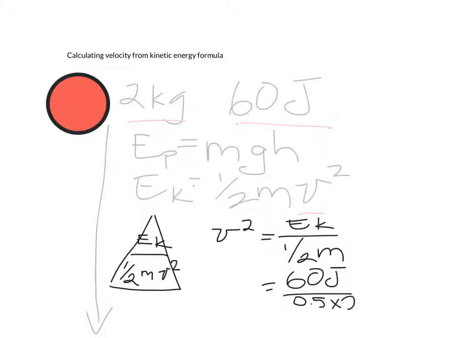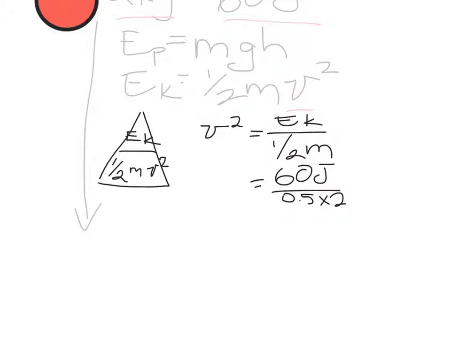Mass is 2 kg. Running out of room again. So we're almost there. So if we start solving for this, 60 over 0.5 times 2 is 1, which gives us velocity squared equals 60.